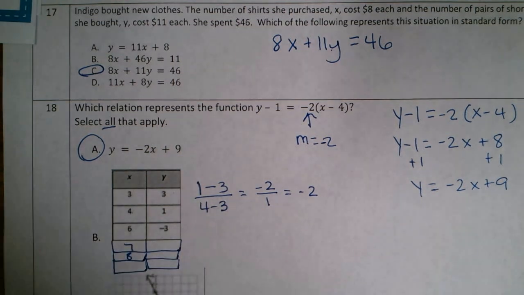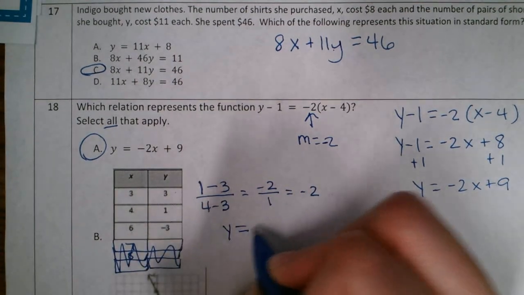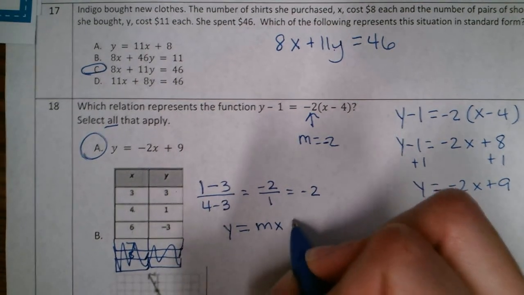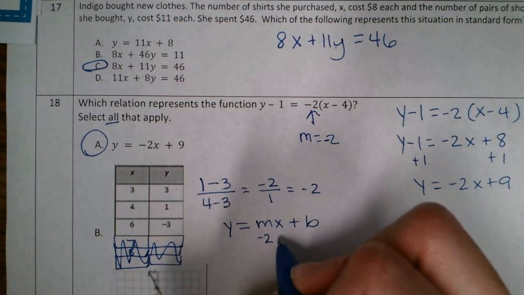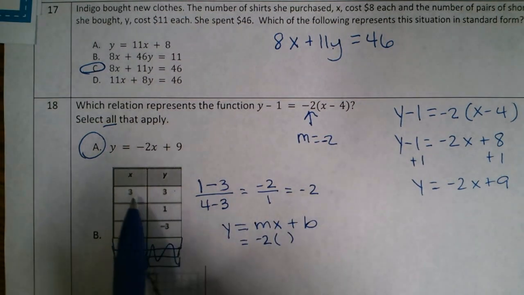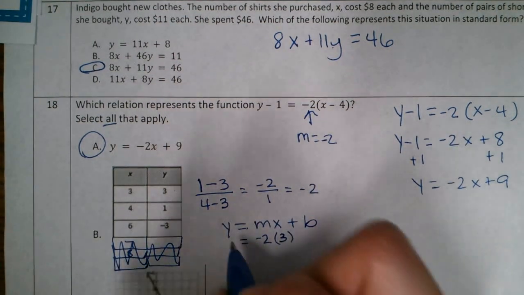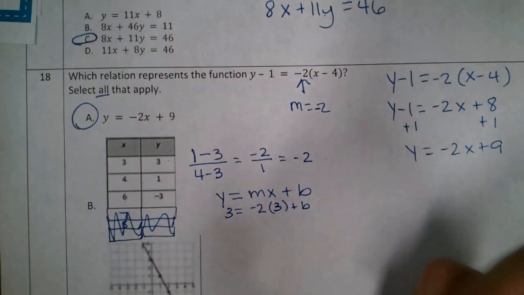Let's see. No, let's not do it that way. That way it's going to be more complicated. Let's do this. If I know my slope's negative 2, I can plug that in. My table gives me x and y values. I'm going to plug in a 3 for x, and I'm going to plug in a 3 for y, and figure out what my b is.